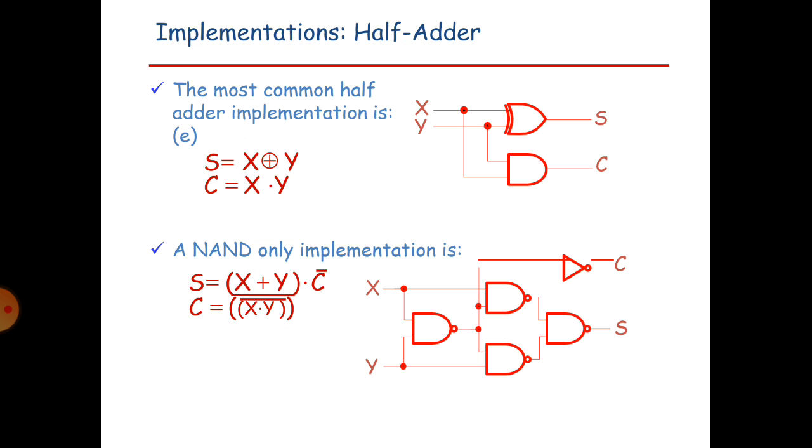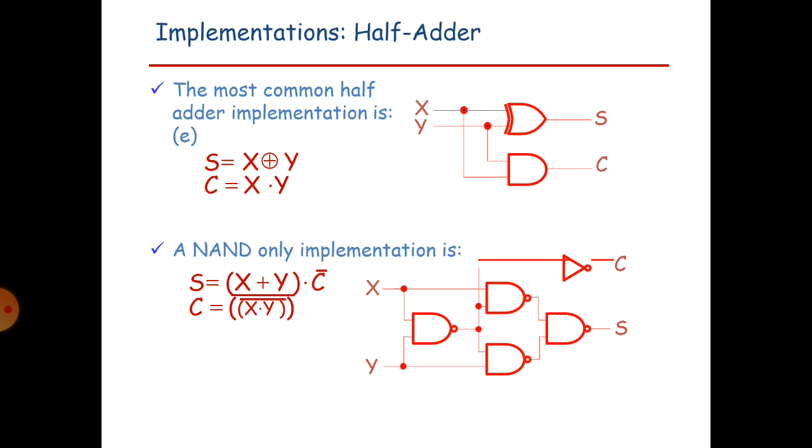So this is the implementation of the half adder. This slide shows the implementation: sum is equal to x XOR y, and carry is equal to x·y.